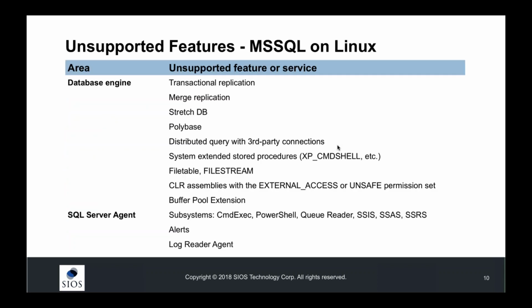So now we get to the exceptions slides. I mentioned the database engine is supported in the Linux release, however, there are some sub-features that are not ready yet. Transactional replication, that's a big one. Merge replication, Stretch DB. I'm not going to read the whole slide to you, but the point here is to keep an eye out.